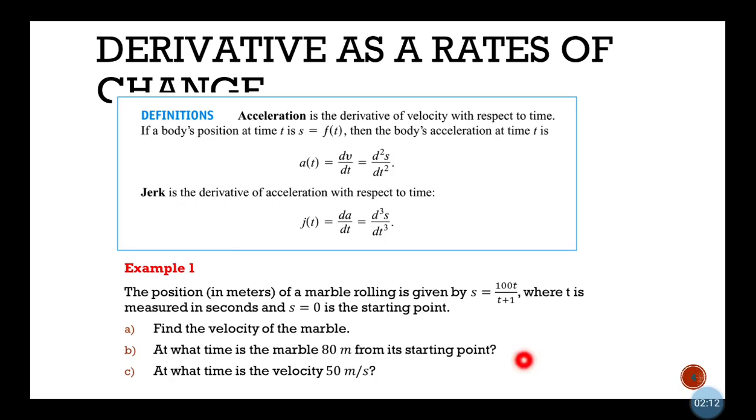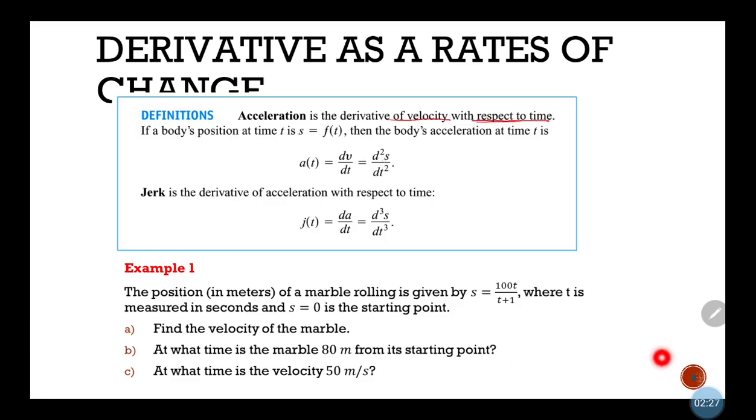Acceleration is the derivative of velocity with respect to time.